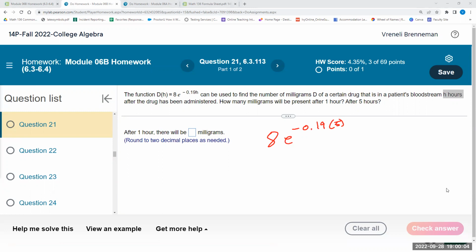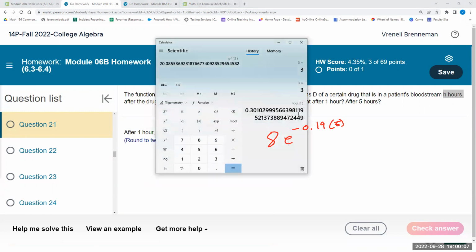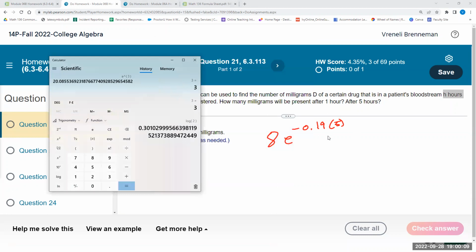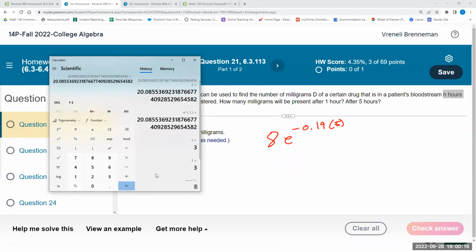So you need to be able to do that on my computer calculator, which is all I can really demonstrate to you. If I do it all at once, I'd have to do 8 times, and then I would put in parentheses the 0.19 and make that negative, and then times 5, close parentheses, and then I would do the second e to the x to put that. So I could do it that way.